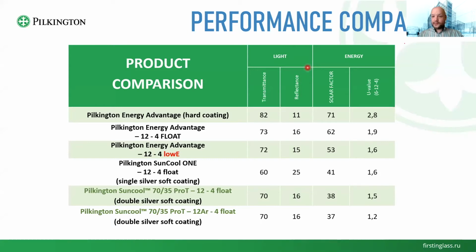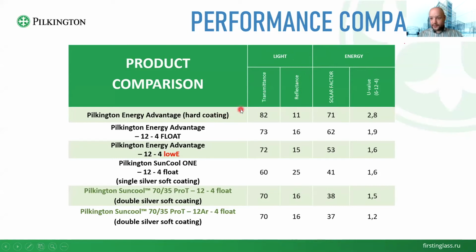And here is the properties comparison between different types of IG units. I've compared light transmission and reflection characteristics and energy parameters, meaning solar factor and U value, for an IG unit, except for the first one. Here is just a single sheet of coating.